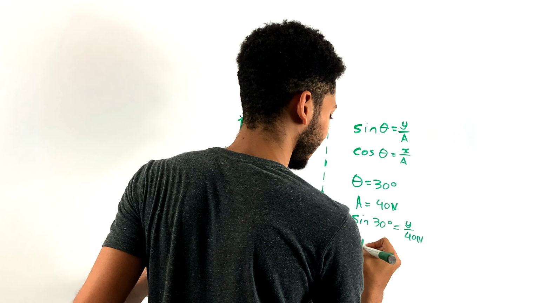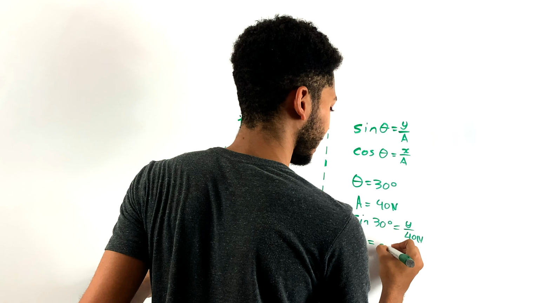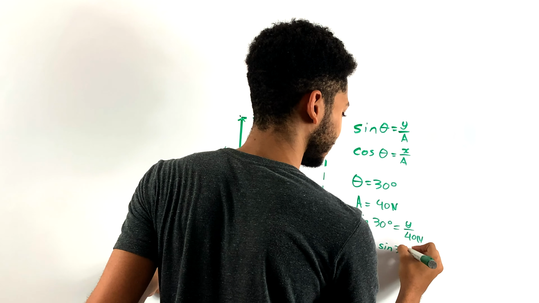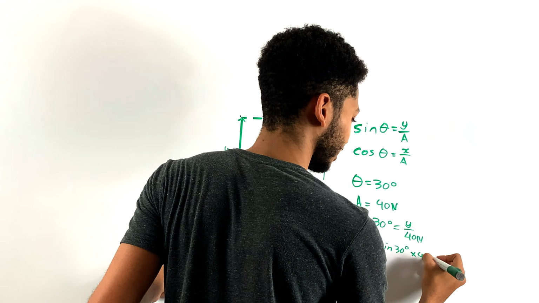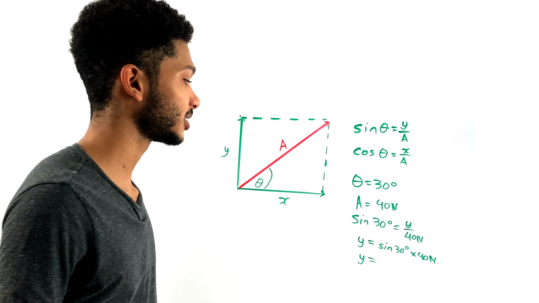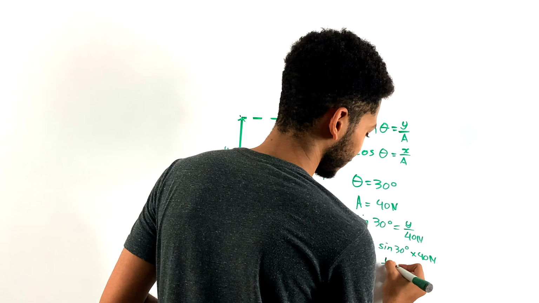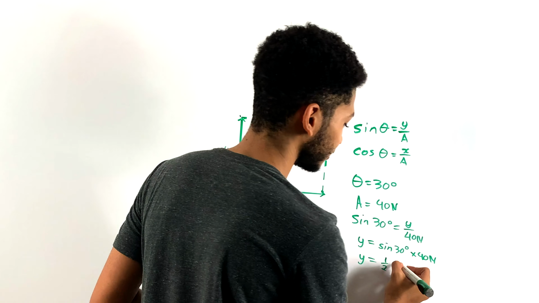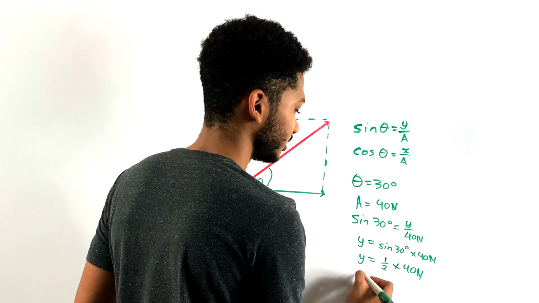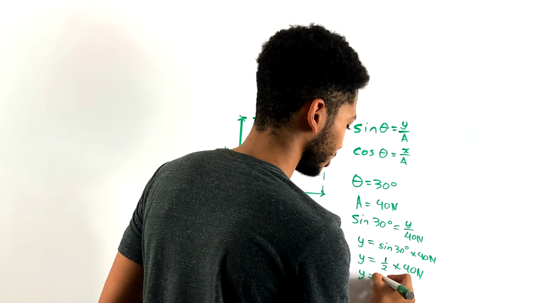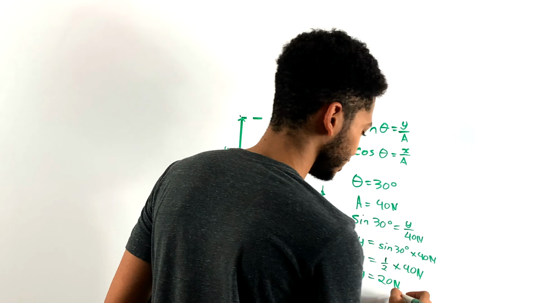Therefore, y is equal to sine 30 degrees multiplied by 40 newtons. So sine 30 is a half times 40, and that will result in y being 20 newtons.